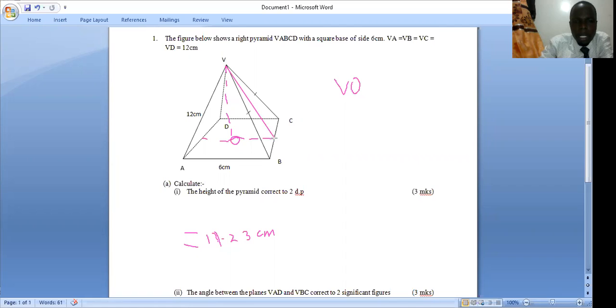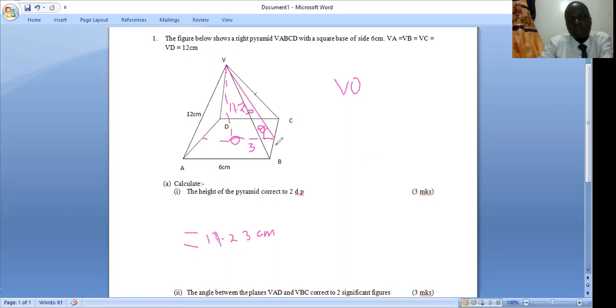Remember, this one is not the diagonal now. It's half of 6. So meaning the base here will have 3. If that is 3, then VO was 11.23, calculated up there. So this angle here is what they want.